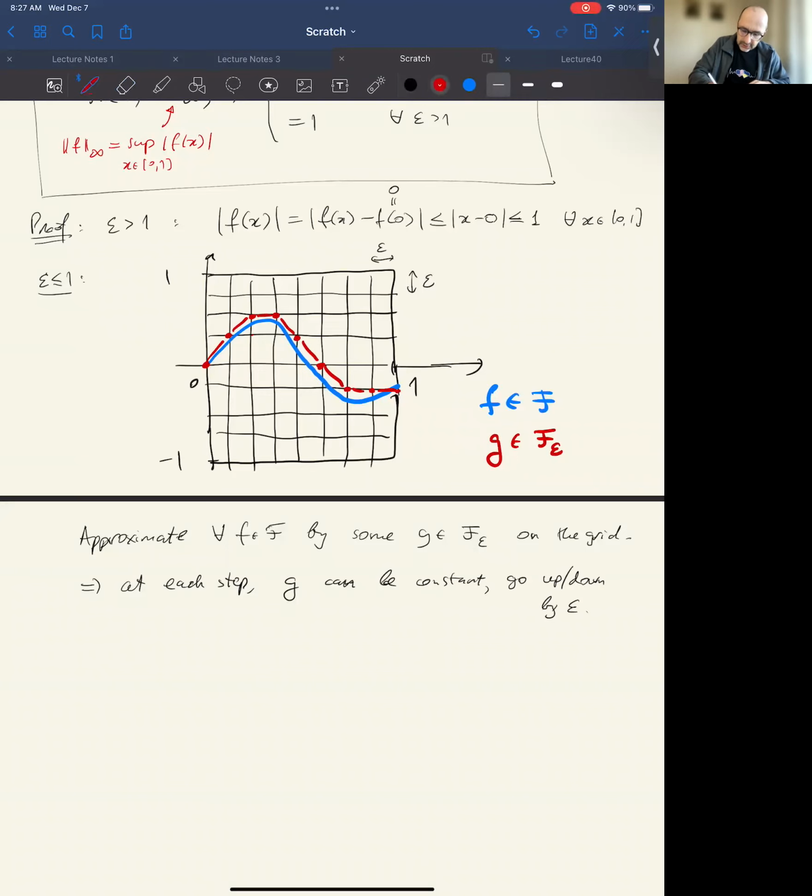What I mean is g can either go like this, or like this, or like this. These are exactly the three possibilities that this g can make. Agreed?